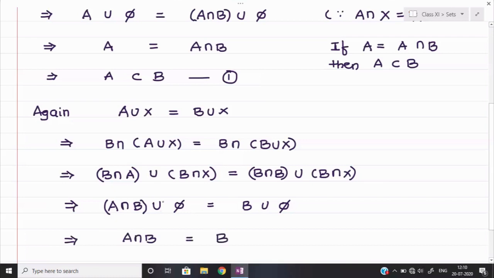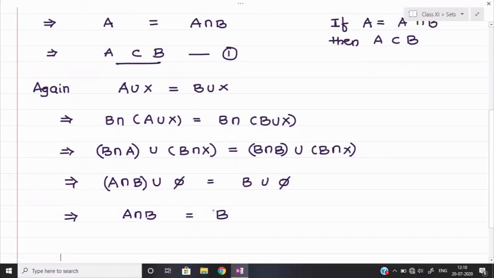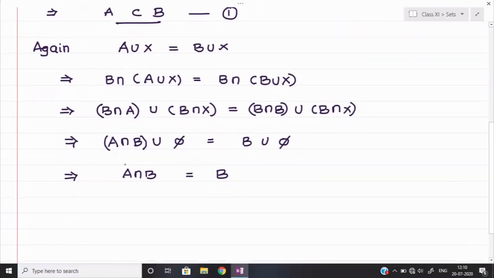And now again you observe, if A was equal to A intersection B, then A will be a subset of B. Similarly, now B is equal to A intersection B, so I can say that B will be a subset of A. Sorry, here I wrote it wrong.